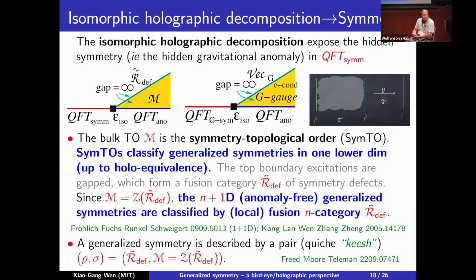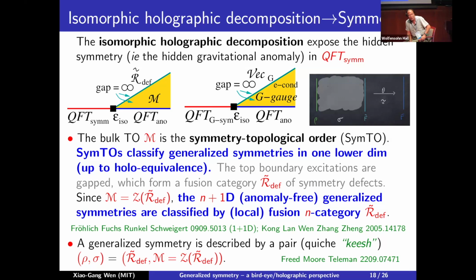the symmetry. However, if you supply this additional gapped boundary on the top, then this pair, the gapped boundary plus the bulk topological order, describes a symmetry. But actually, because the boundary determines the bulk, this boundary alone, this fusion category on the boundary alone, already determines the symmetry.